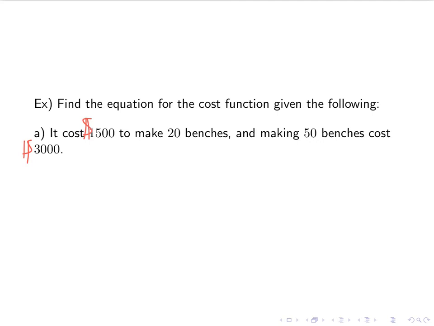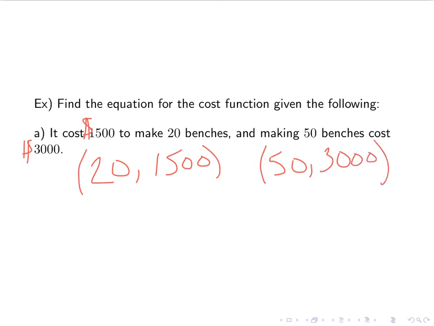So it costs $1,500 to make 20 benches. So remember, the units are x and the dollars is cost. So my first phrase, it costs $1,500 to make 20 benches, gives me the point 20, 1,500. The second sentence, making 50 benches costs $3,000, is the point 50, comma 3,000.